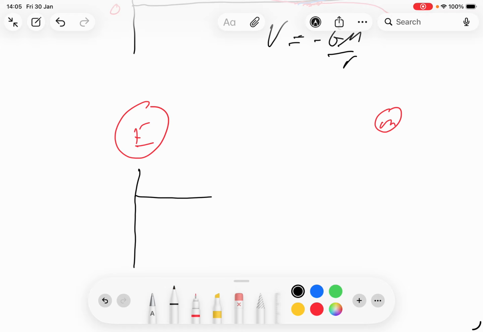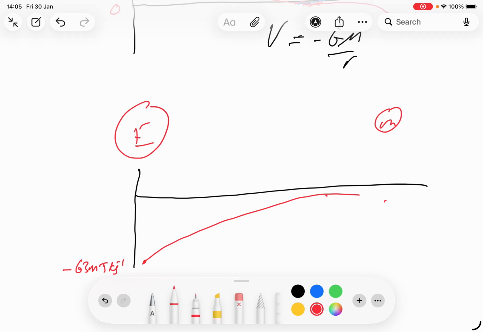So we know again the line starts on the surface of the Earth at minus 63 megajoules per kilogram. And then on the Moon it will be negative, but much less negative. And there will be a point somewhere in between where it would be easiest to escape. So that's a kind of 1 over r type graph over here, and a 1 over r type graph over here, and then a kind of area in the middle where it would be considerably easier to remove the object, so it's getting quite close to the 0 line, even though it'd still be negative.